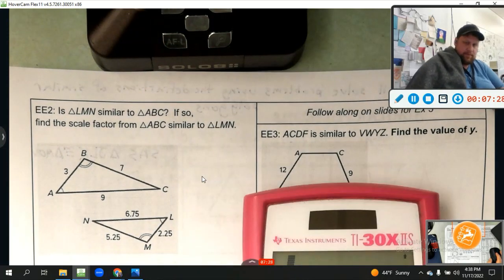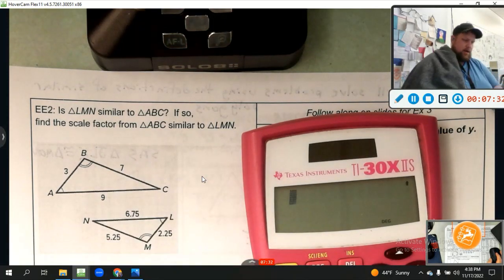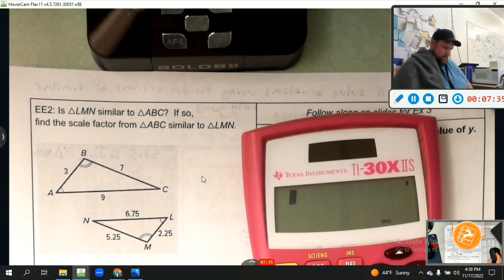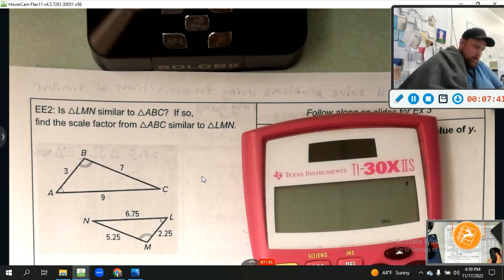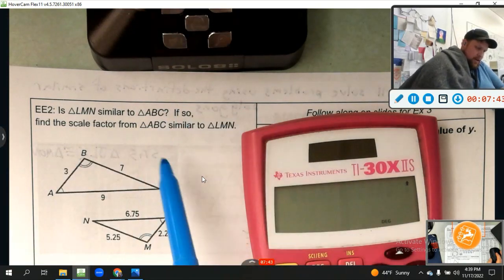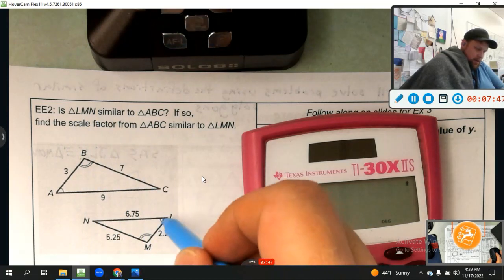M should match with B, two angle marks. Which you know what that leaves? That means N matches C, and it has to. That third angle is going to have to be the same. If these two angles are the same and they all add up to 180, that last angle is going to have to be the same. Let's mark it in. 1, 2, 3, 1, 2, 3, boom.